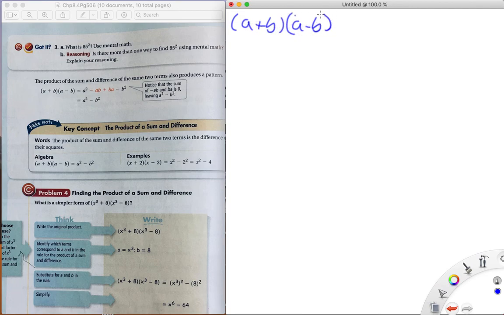If I was to do FOIL, it would be a times a, then I have a times negative b, minus a times b, and then plus a times b, and then minus b times b.